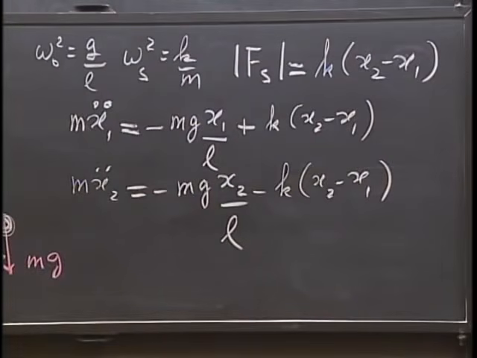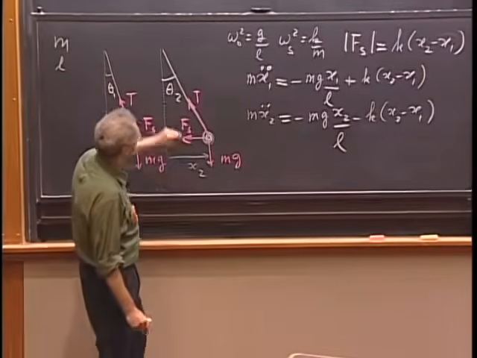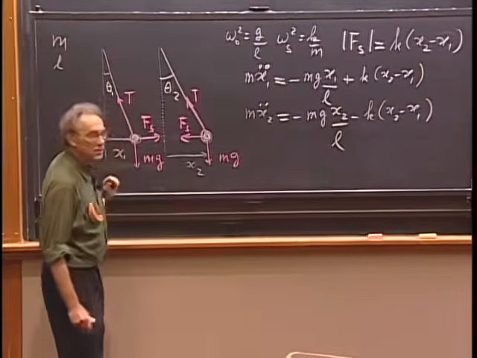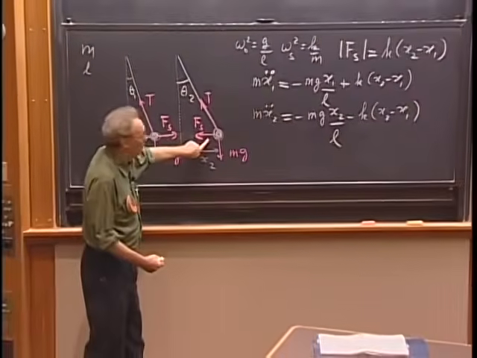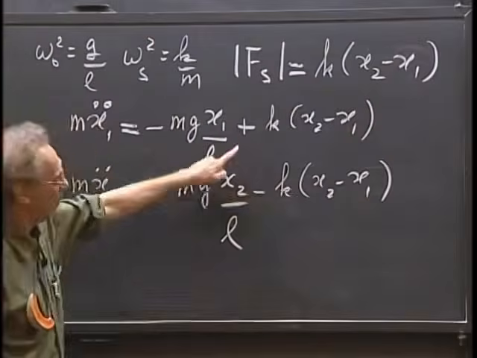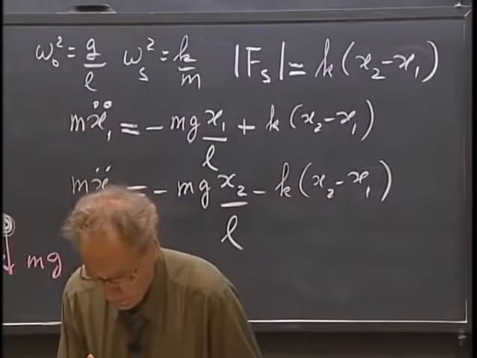So are you okay? So this is fine. This one has the restoring force due to the pendulum, which is T sine theta 2, negative sign, and the restoring force of the spring, always opposite this one. I'm happy. I am happy.